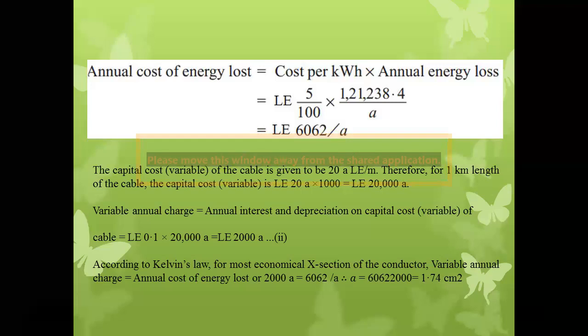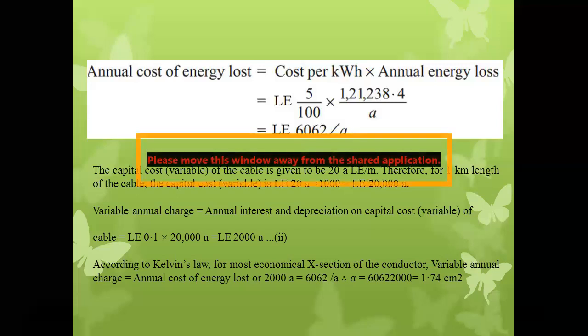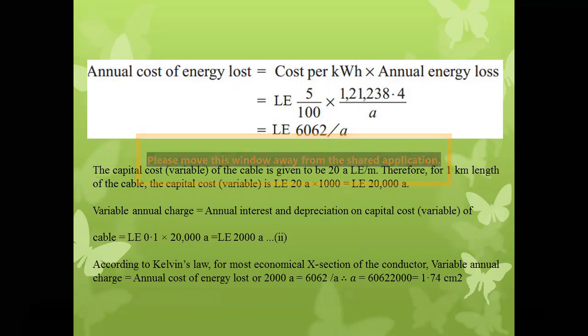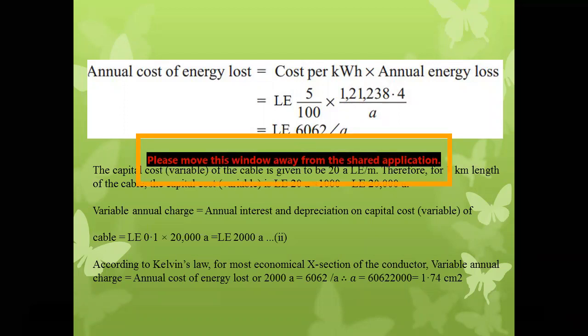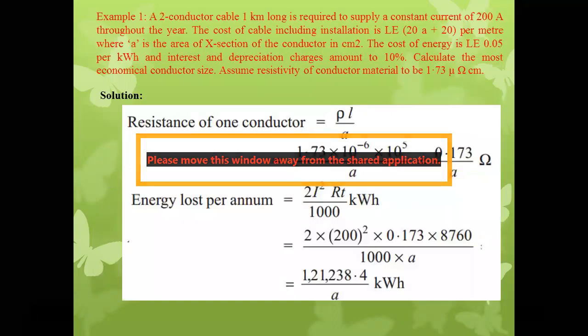So from the Kelvin's law statement we can write 2000 into A is equal to 6062 divided by A. By rearranging this, we can find the area of cross section, and finally you will get 1.74 centimeter square.